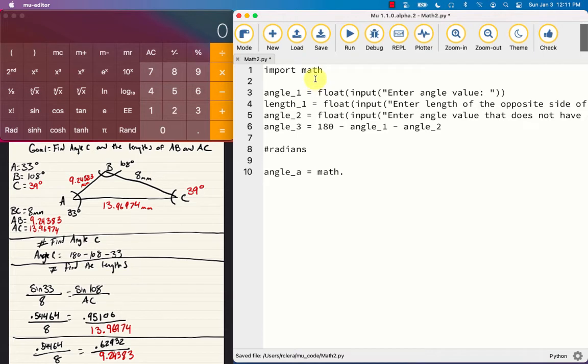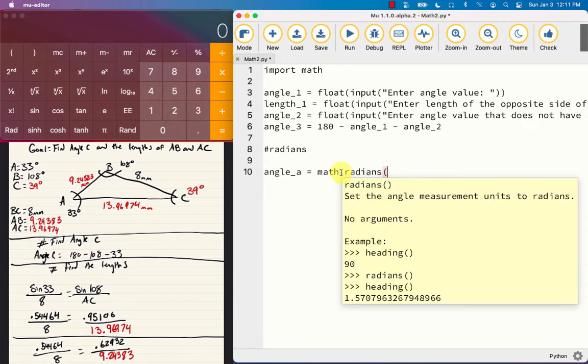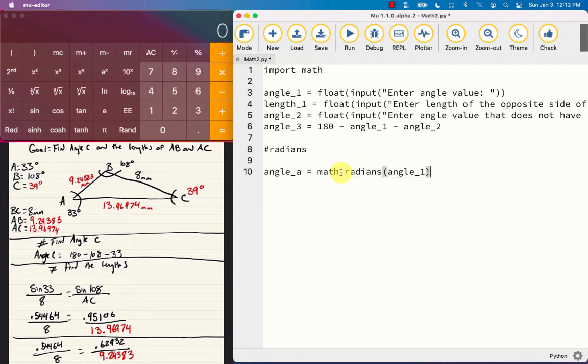All right, angle A, math, period. Remember that when we import something, especially when we import it this way, if we're using something that belongs to the math module, we have to lead with it. So math, period, radians. This will set the angle measurement to radians. So what's the angle measurement? Well, it's angle1.